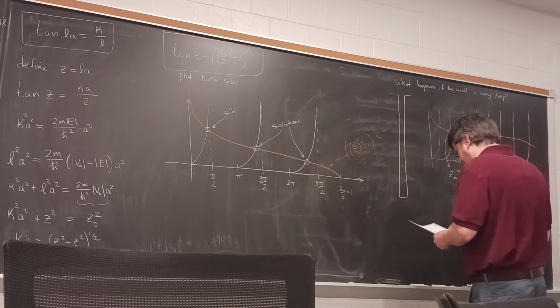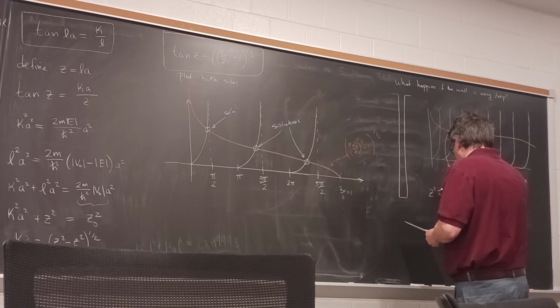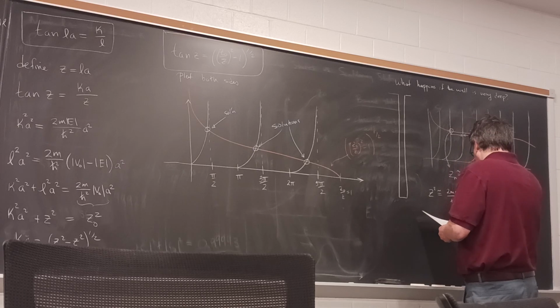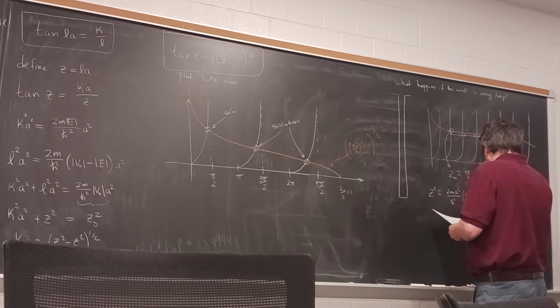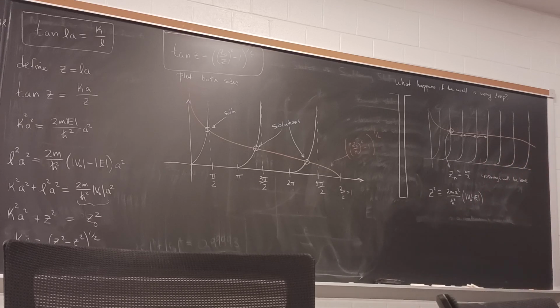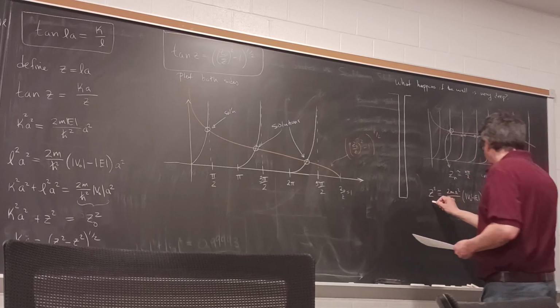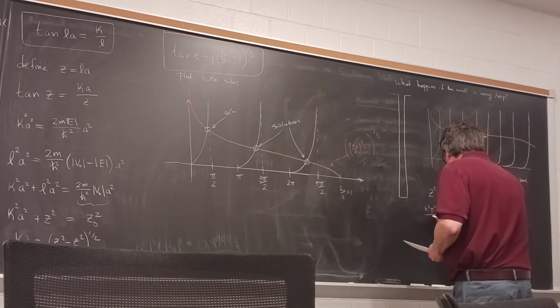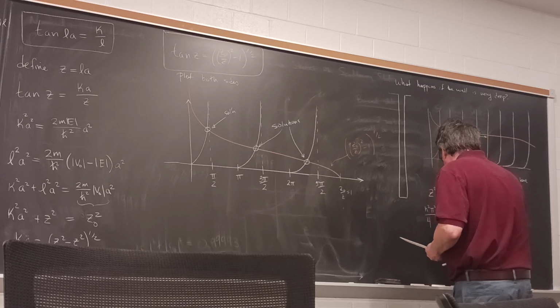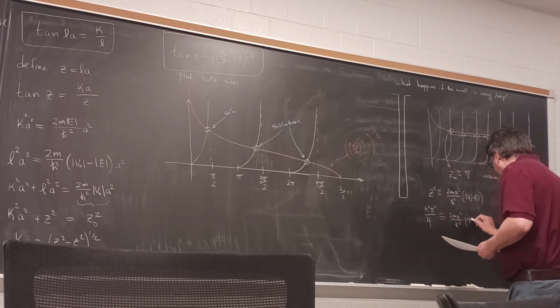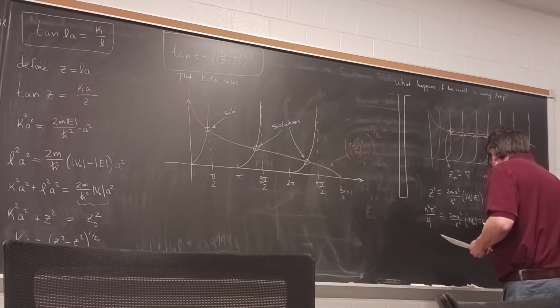And so if we have Z squared, then it's 2ma squared over h bar squared times (V0 minus E). And we have this is n squared pi squared over 4, and this is approximately 2ma squared over h bar squared times (V0 minus E).